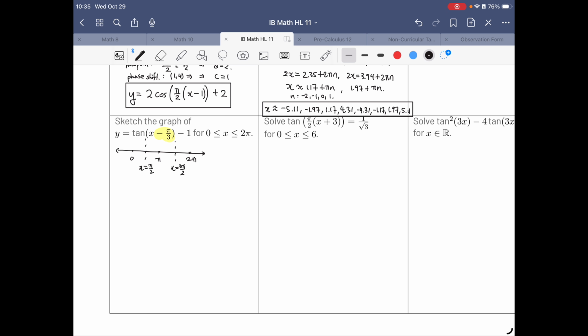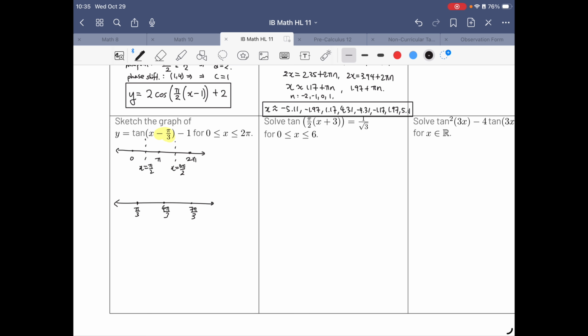So that means that my graph will now have the x-intercepts at pi over 3, and pi plus pi over 3 is 4 pi over 3, 2 pi plus pi over 3 is equal to 7 pi over 3.